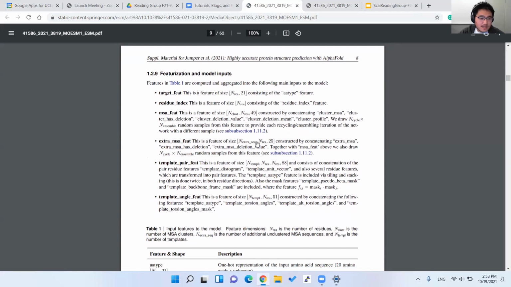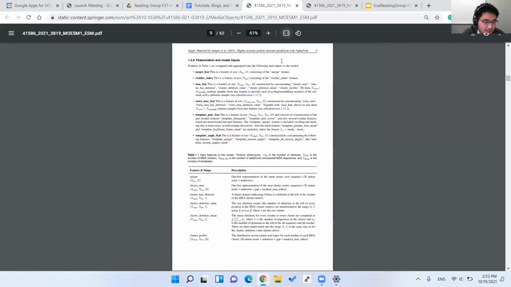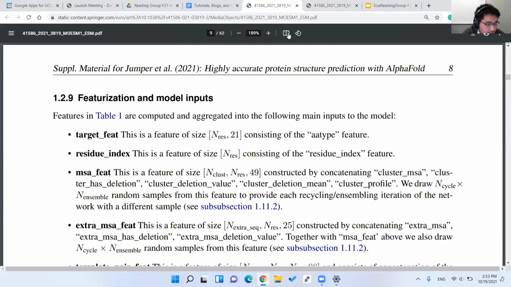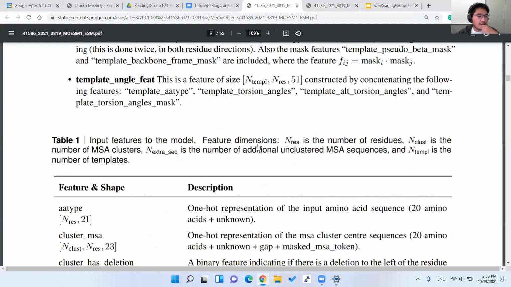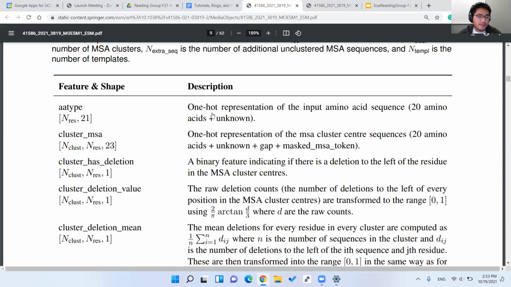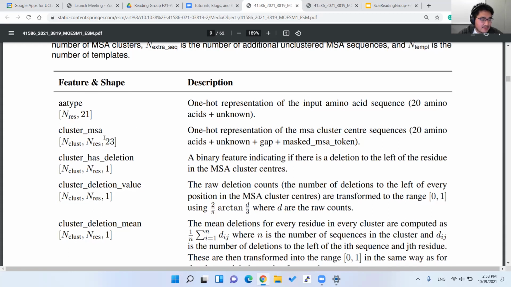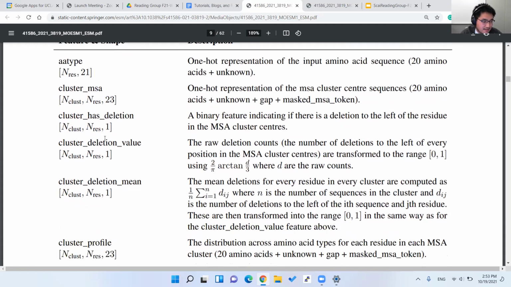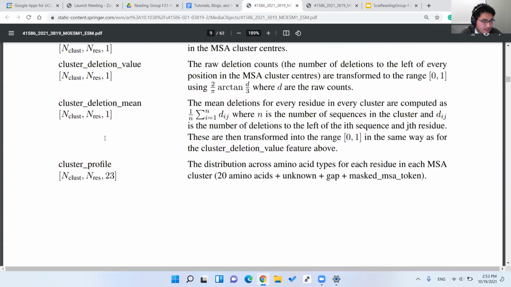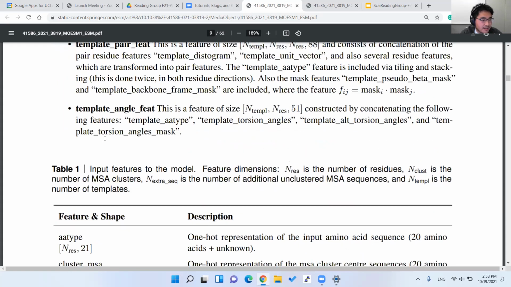As I mentioned, there is already some feature transformation from the raw features. So here are some important features, like the one-hot representation of the input amino acid sequence. And there are also their dimensions. The dimensions might not match the final version of the channel, but they are constructed in a certain way, with a lot of features concatenated with each other, and not just concatenated but also transformed. This is the complete table, but the important features, I believe, are here.